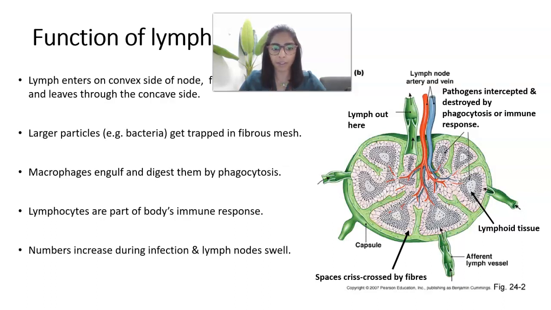These are also found in the nodes. So when you are ill, when you have an infection or a virus, you will tend to find that the nodes will swell, and this is simply your body's response to manufacturing more lymphocytes to help fight your infection.